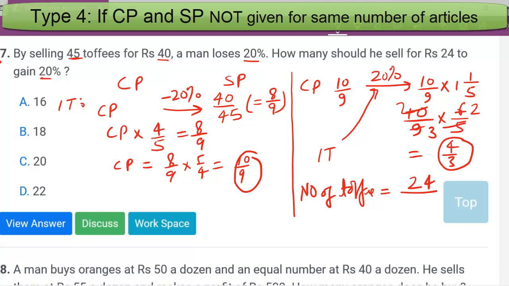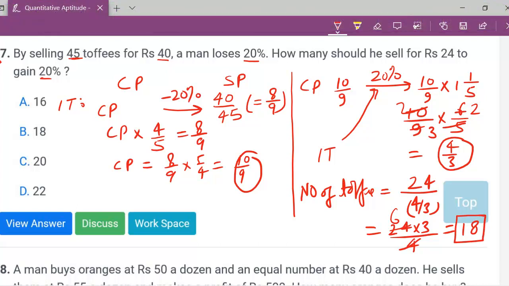So just divide this by 4 by 3 and you will get the answer. This will be 24 into 3 by 4, so 6 into 3, 18. So you get 18 as the answer. That means he should sell 18 toffees for rupees 24 to gain 20%. So look at this, B is the answer.